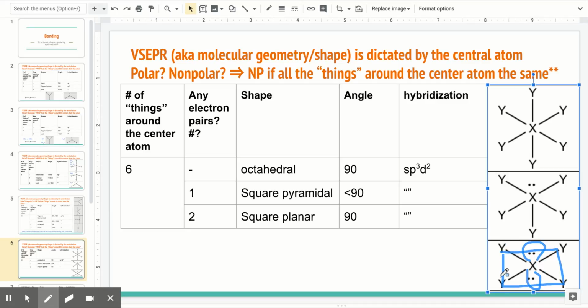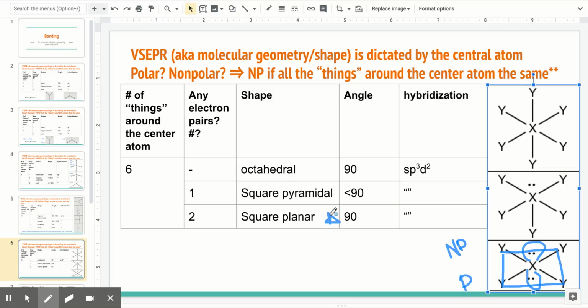So if all of your elements around your center atom in this square planar geometry are the same, now it would be nonpolar, even though you have 4 atoms and 2 electron pairs, right? So not all the things are the same, but because of how this geometry is, they would still cancel out and be nonpolar. If any of these elements is not the same element, then you're back to a polar situation.